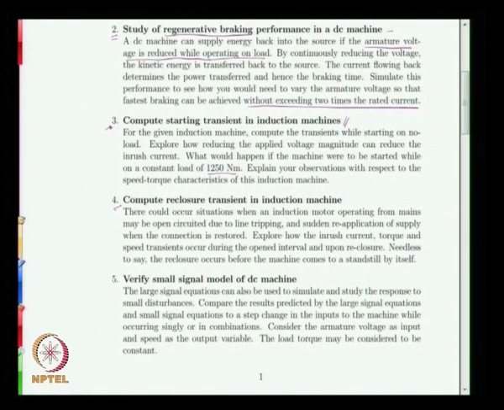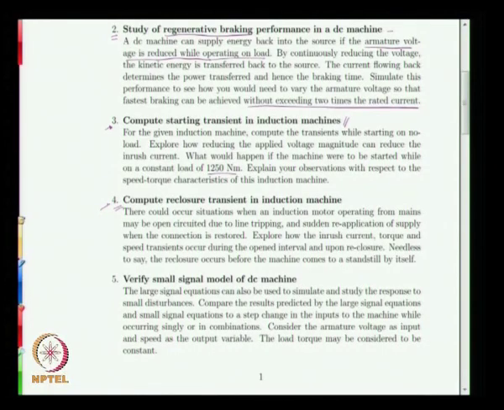The next thing is, suppose you have an induction machine and then there is a fault at the stator supply side of the induction machine, and then the circuit breaker or something trips so that the fault can be removed at some place, and then the circuit breaker switches on back. The induction machine has not yet gone down to 0 speed, and then you have switching off and then a switching on again.